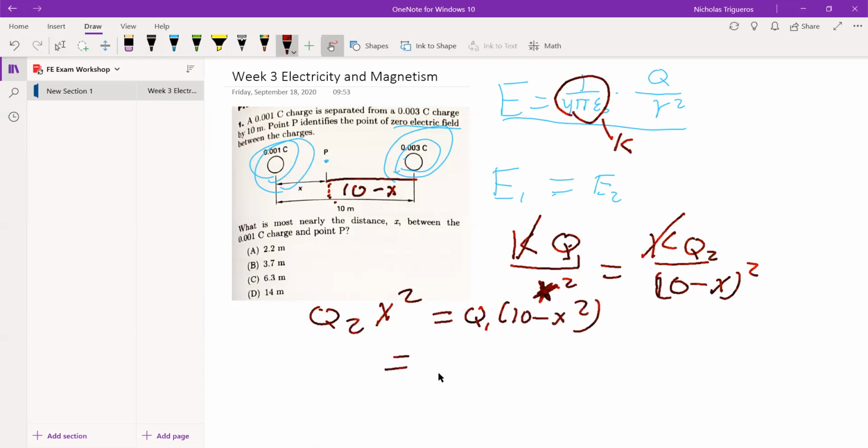This is going to result in 10 Q1 minus Q1 X squared equals Q2 X squared.